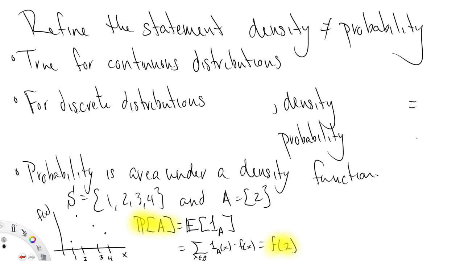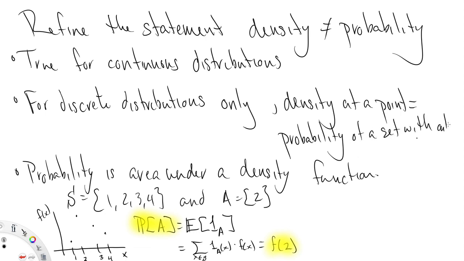However, there's some catches here. It only works for discrete distributions. So we're going to say for discrete distributions only, density at a point is equal to probability of a set with only that one point in it. And by that I mean your set A, for which you want the probability, has to consist of one element.